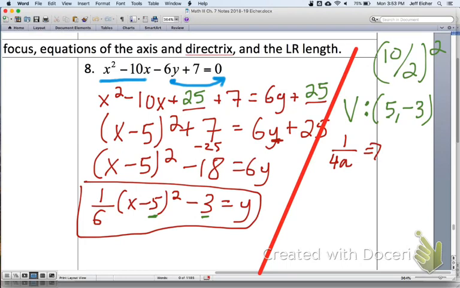So 1 over 4a, we have 1 over 4 times 1/6, which is 1 over 4/6. The reciprocal of that is 6/4, so that looks like it's going to be 3/2. So the amount that we go from the vertex to the focus is 3/2, or 1.5. Same thing.